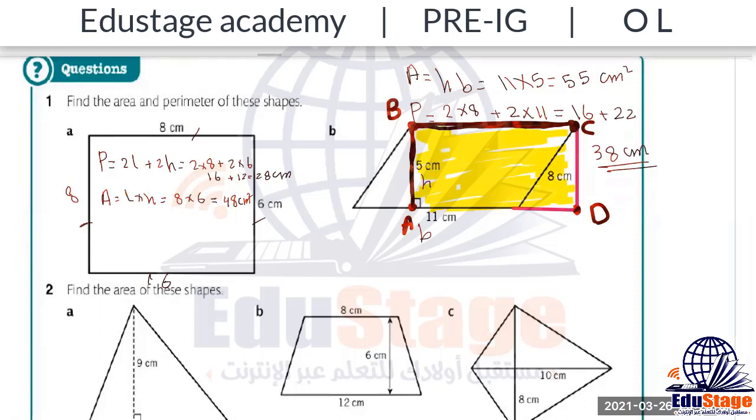It's 55, sir. Base times height, 5. Okay, this is the area of the rectangle. We have this part with black. If you cut it and put it here, you will have the parallelogram now. It will be like this.